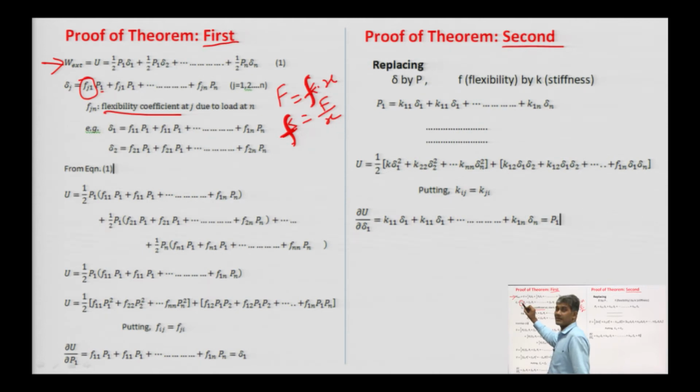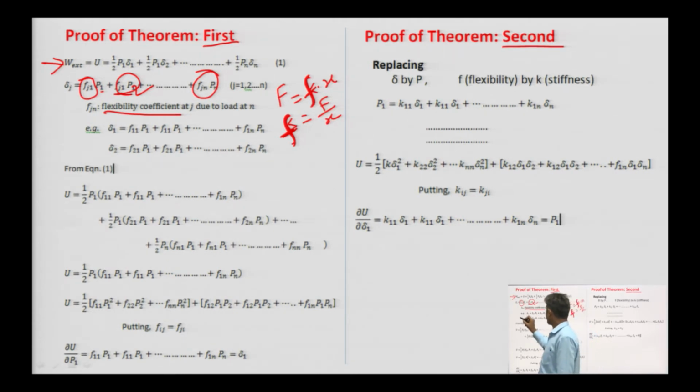The multiple of these two will give the corresponding deformation due to load P 1. Similarly, this one will be the corresponding displacement due to load P 2, actually this is P 2 not P 1, and the corresponding displacement due to load P n.